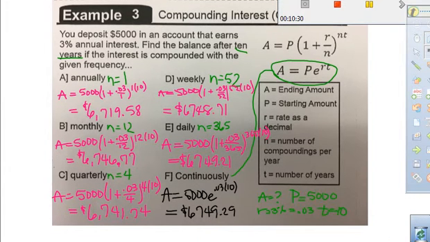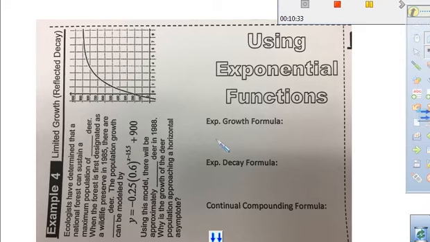Alright, last little page, we're going to put it all together. This is kind of a front page if you fold it and cut it like you were supposed to. A is going to be equal on this one to the P times 1 plus R over N, to the NT.